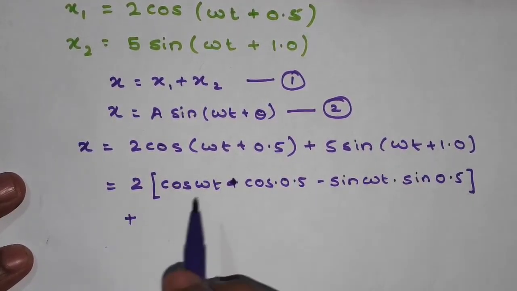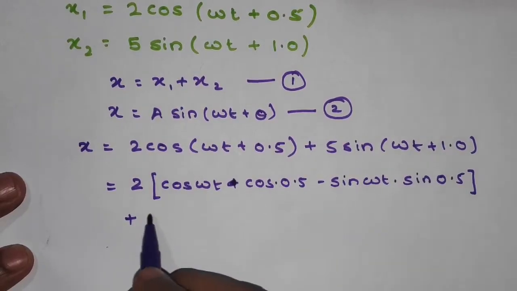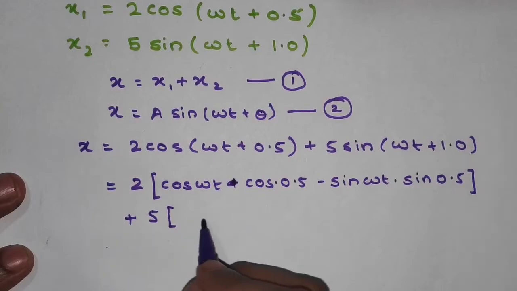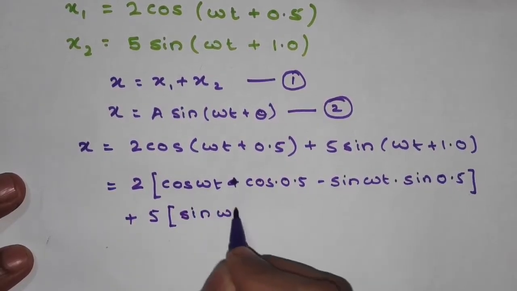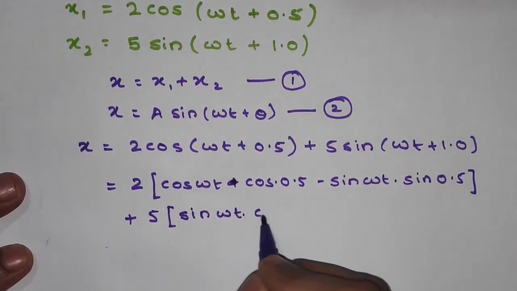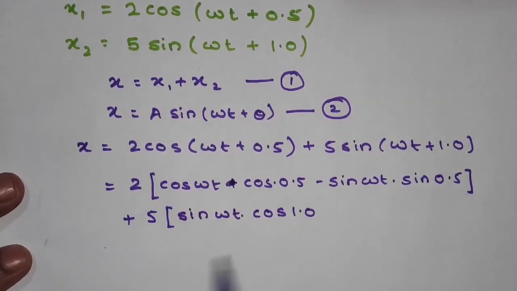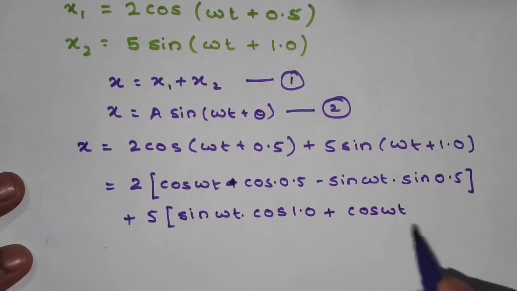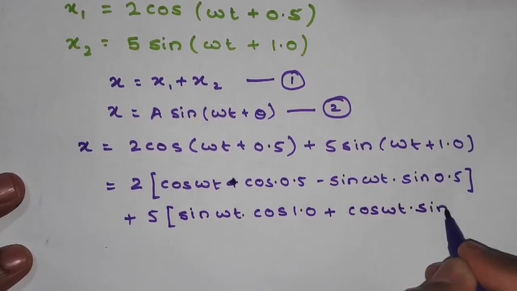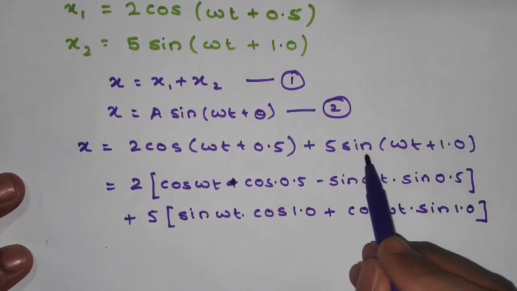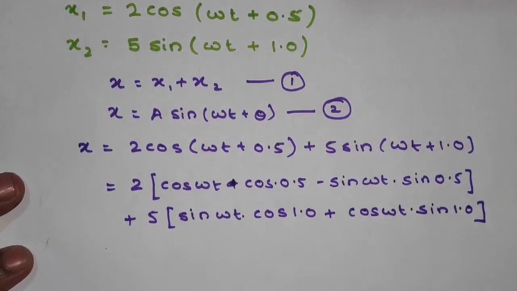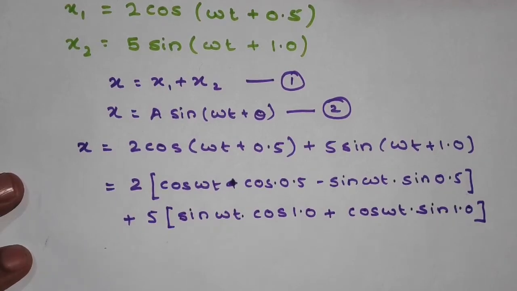Plus, the sine function I'll also represent in the same manner: 5 into [sin ωt cos 1.0 plus cos ωt sin 1.0]. This is sin(a + b), that is sin a into cos b plus cos a into sin b. Now we'll simplify this.